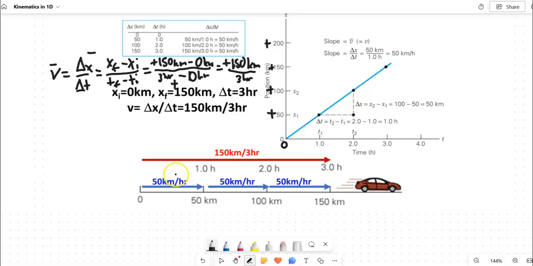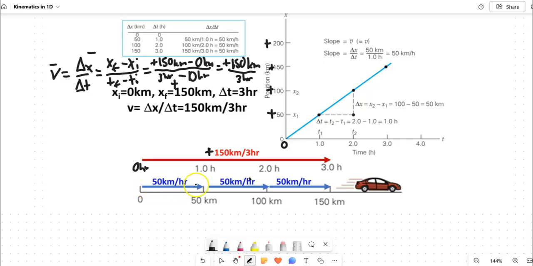Now, your total trip, again, you started at the 0 hour mark and ended at the 3 hour mark. So the total trip again was a positive 150 kilometer displacement over the period of 3 hours.